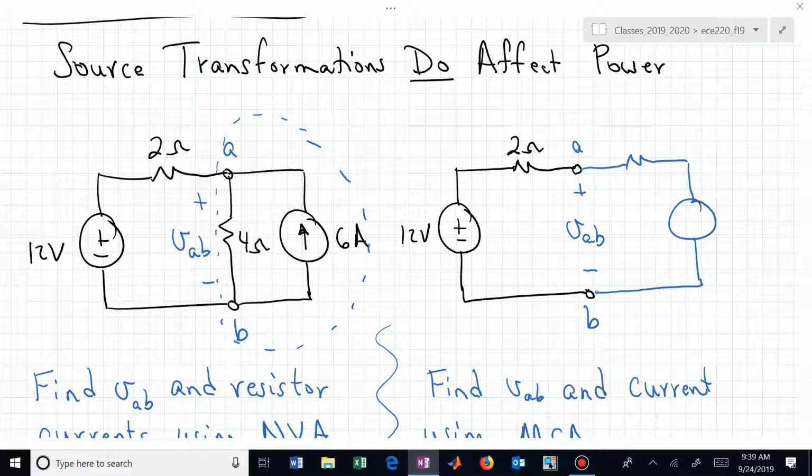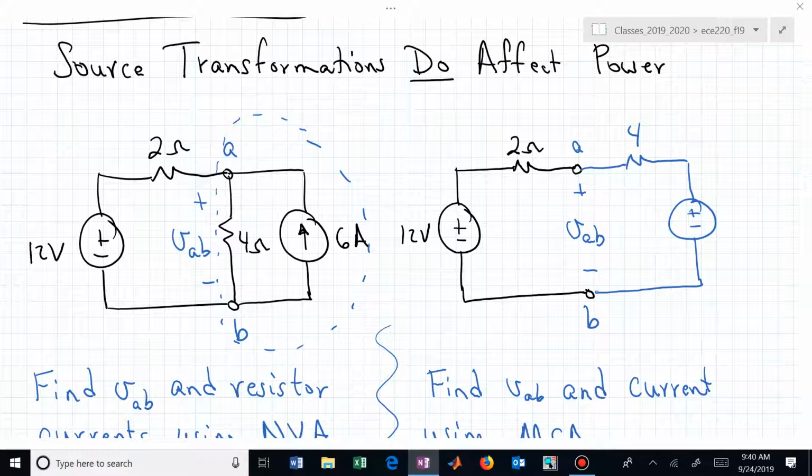What's that R going to be? 4. It carries over. So that 4 that was in parallel with the current source is now the same value of R4 in the series connected resistor, and the polarity is going to be consistent with the direction of the current source. Our voltage polarity will be plus minus from top to bottom.